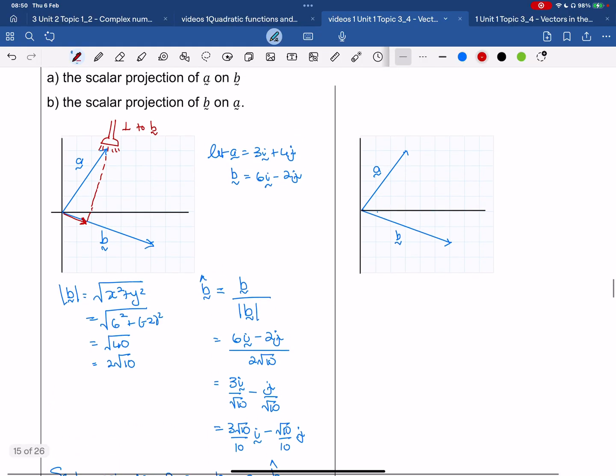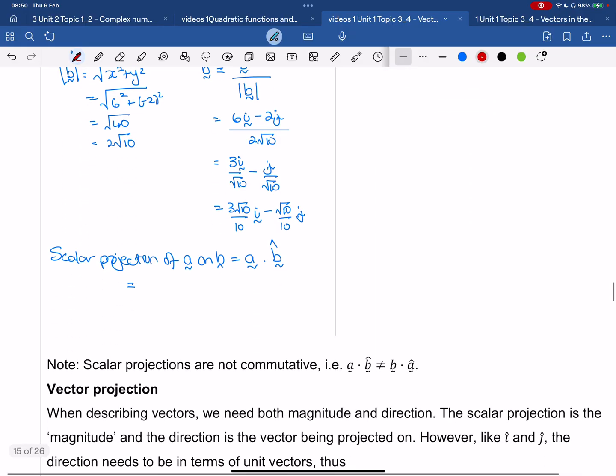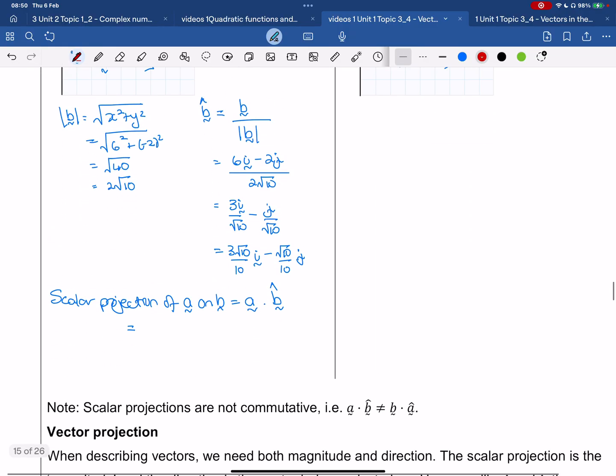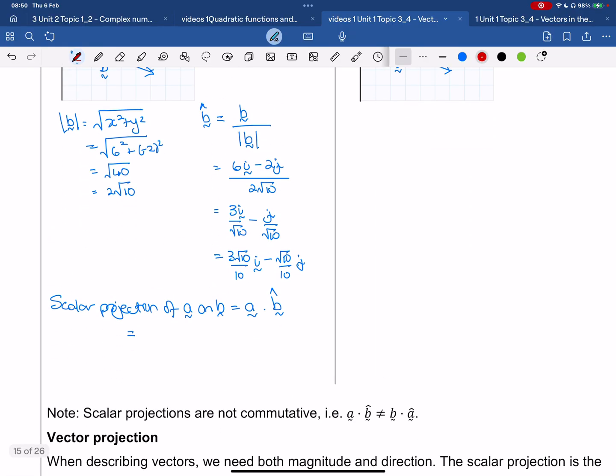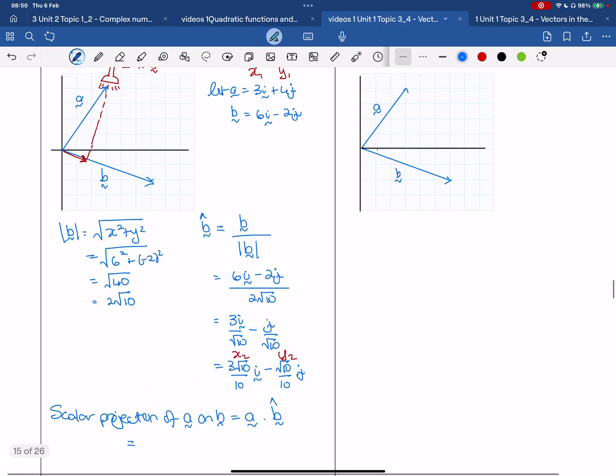A dot product is a scalar. So x1, y1 is my A, and my unit vector B is my x2, y2. Those are the two vectors that I'm finding the dot product of.